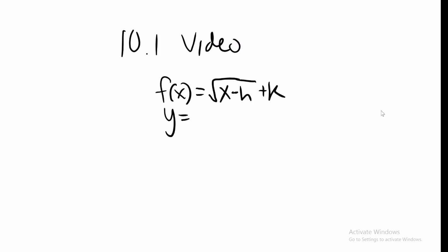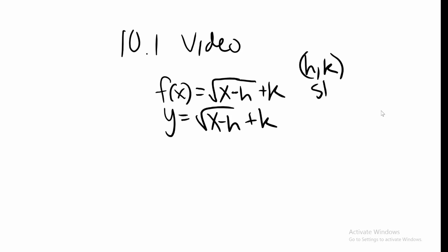All this h and k thing is, is where the square root function starts. So h comma k is the coordinate point of the start of the square root function.